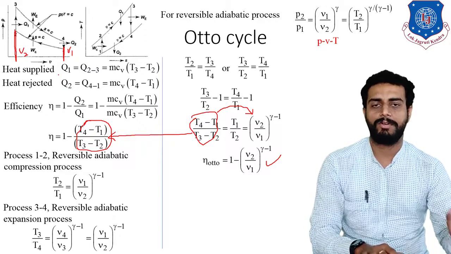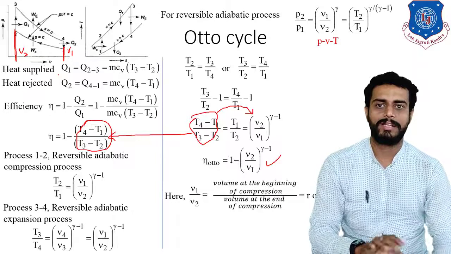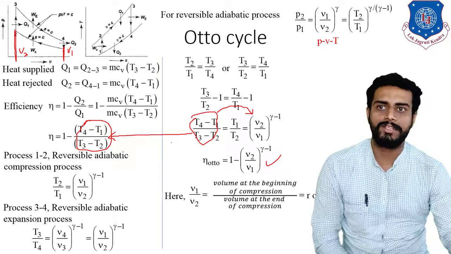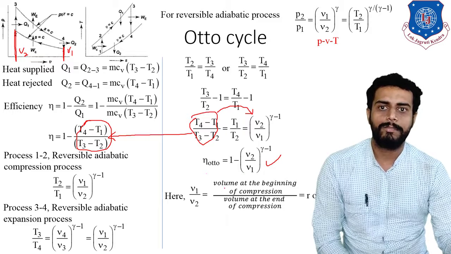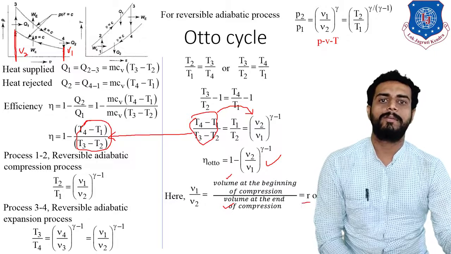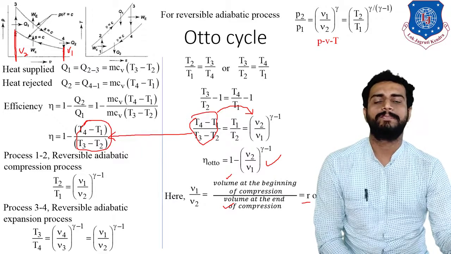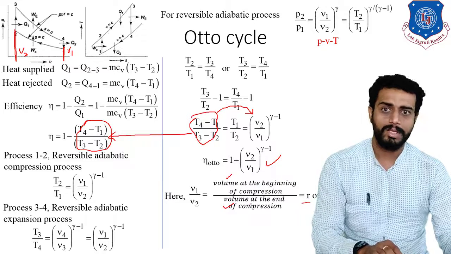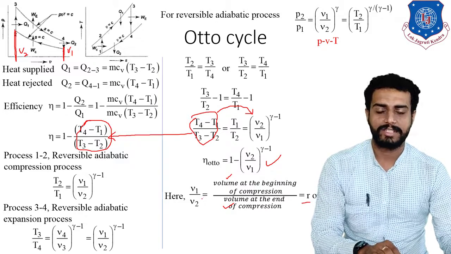You might be familiar with the word compression ratio. So let us define. V1 by V2 is, V1 is volume at the beginning of compression and V2 is volume at the end of the compression, right? So that is generally denoted by R or RK. Different authors will use different notations. Okay. So here V1 by V2 is defined.